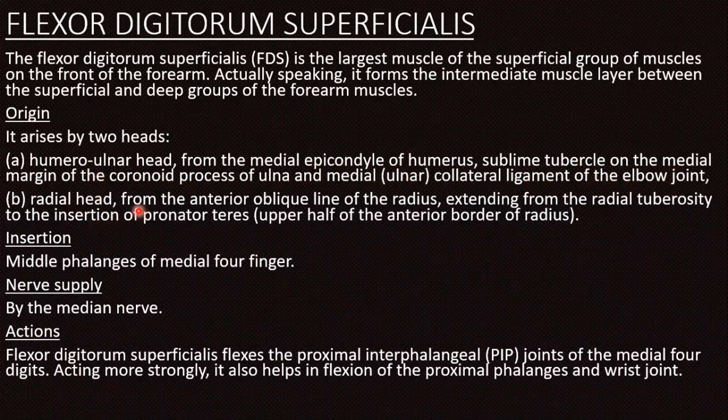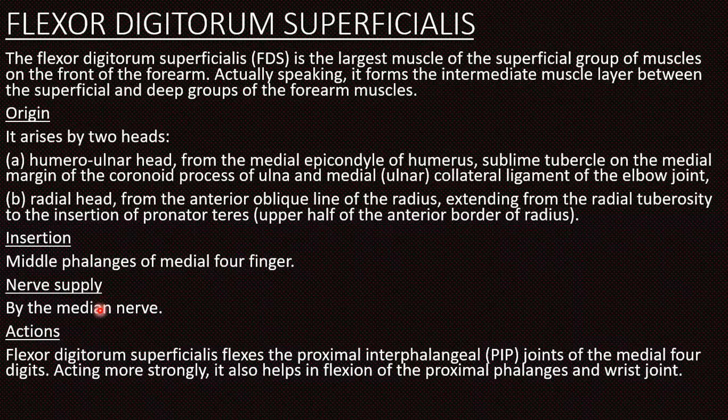Its radial head originates from the anterior oblique line of radius, which extends from the radial tuberosity to the insertion of pronator teres muscle. It is inserted into the middle phalanges of the medial four fingers, that is the index finger, the middle finger, the ring finger, and the little finger.